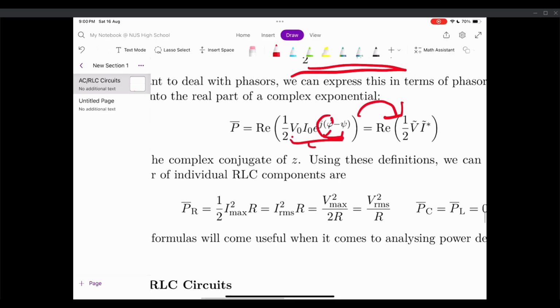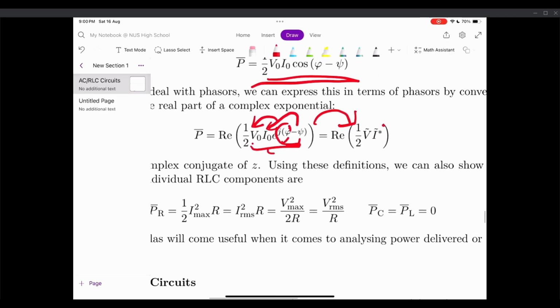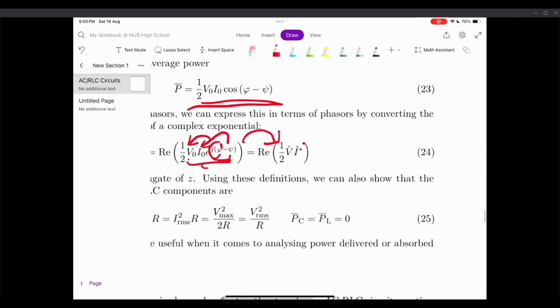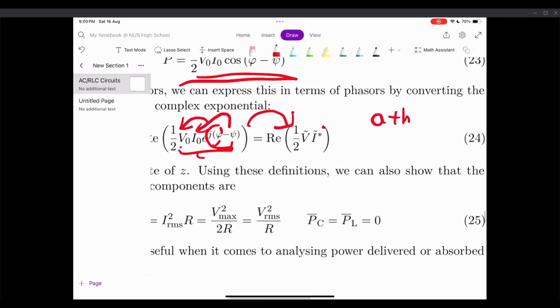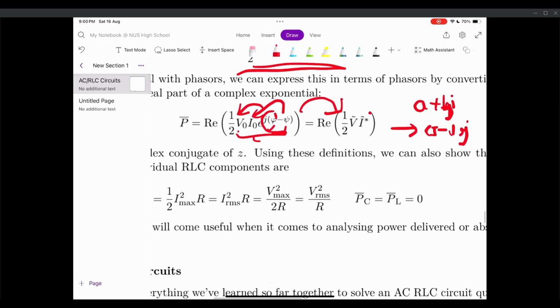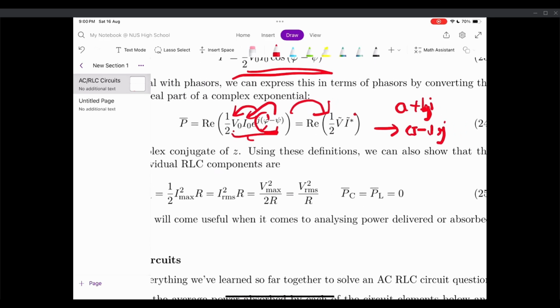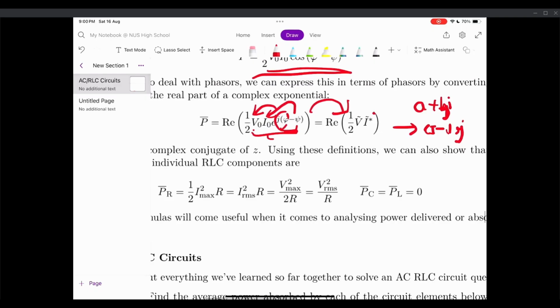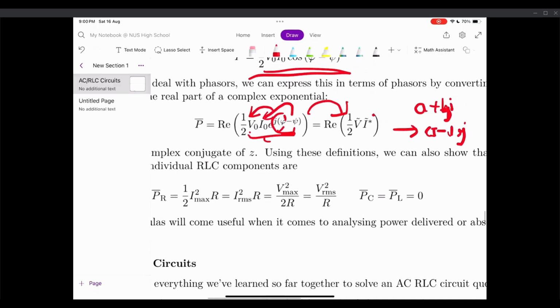You give this part to V and this part to I. And this here is the conjugate, which takes some a plus bj and converts it to a minus bj. Pretend I wrote that, but basically it just flips your j component. If you use that, you get that this is your expression for average power.